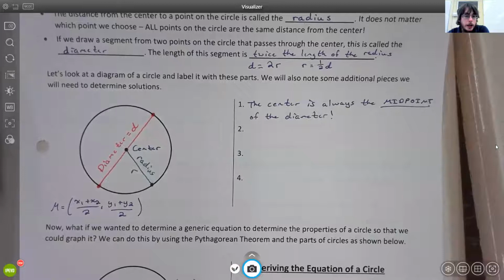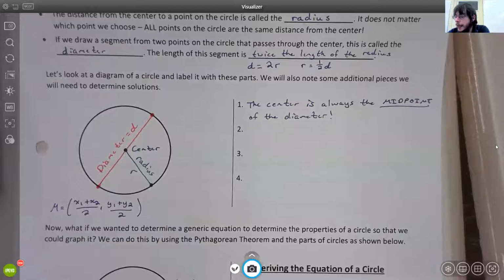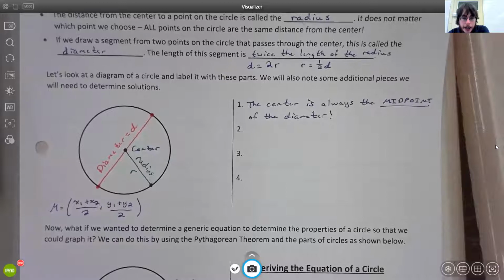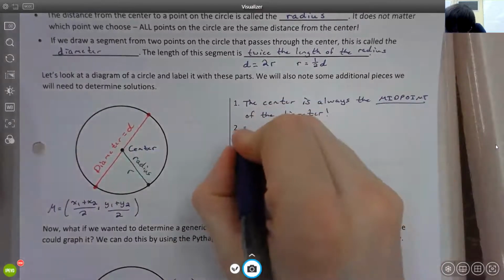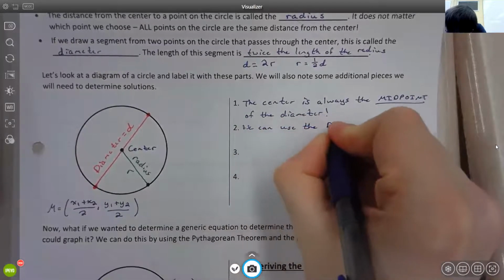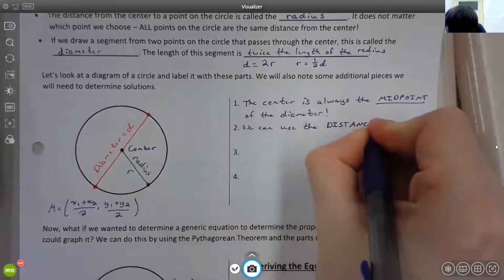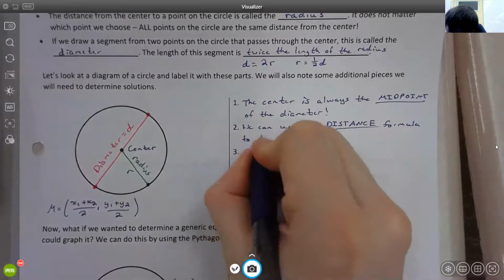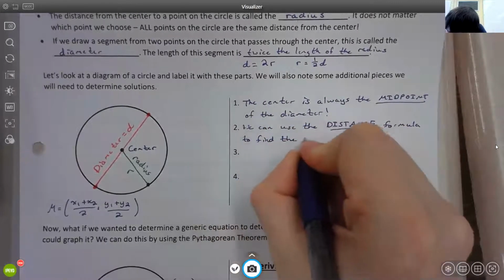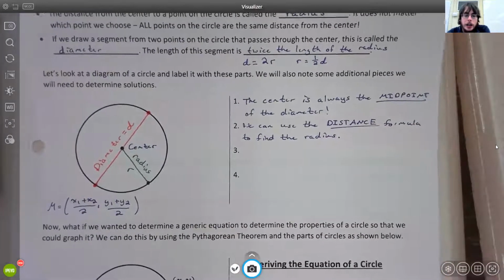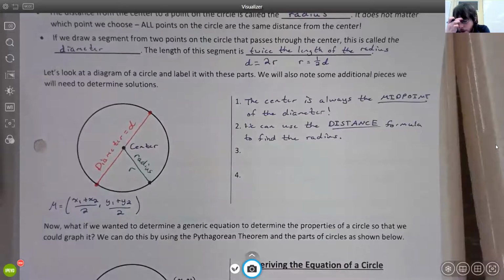The next property we're talking about is related to finding a radius. Now, in some cases, you will be given a center and given an endpoint, and it'll ask you to find the radius. Well, you can always use the distance formula to find the radius if we know the center and a point on the circle.